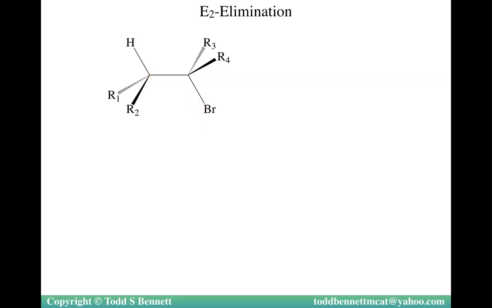So again, all these things we talked about early on and all these structures and terms were the foundation of what we need now. So when I say anti, you know, oh yeah, anti is up on one and down on the other, both in the plane. So everything is coplanar. The reason you need that is because you absolutely have to have the orbitals lined up the right way for this reaction to work. So we're going to call this the alpha carbon, the one with the leaving group, and this the beta.